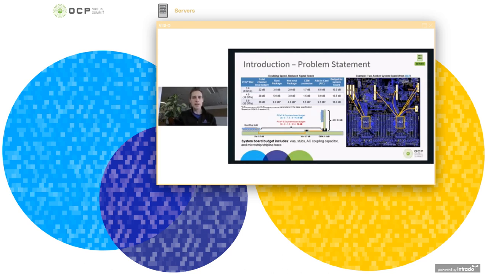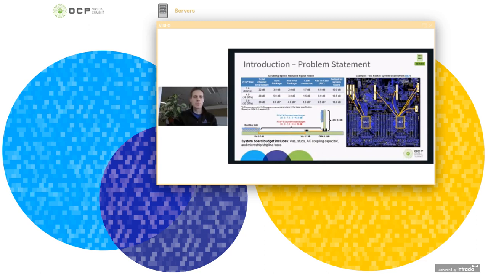However, the physical size of servers hasn't really changed that much. And as we'll see in future slides, the physical distance that the signal can travel from, say, the CPU to an add-in card or a riser card is greatly limited at the higher 32 gigatransfers per second speed.